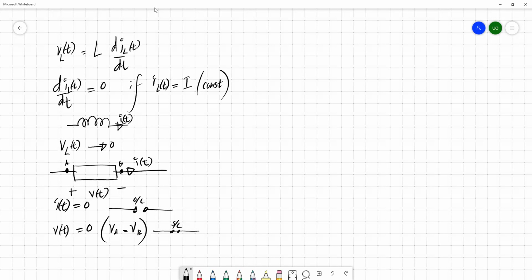Only then is the voltage at A and the voltage at B exactly the same. If you introduce a drop across the device or element, then definitely V_A and V_B are two different values. If V_A is not equal to V_B, then the voltage drop across the device is not equal to zero.